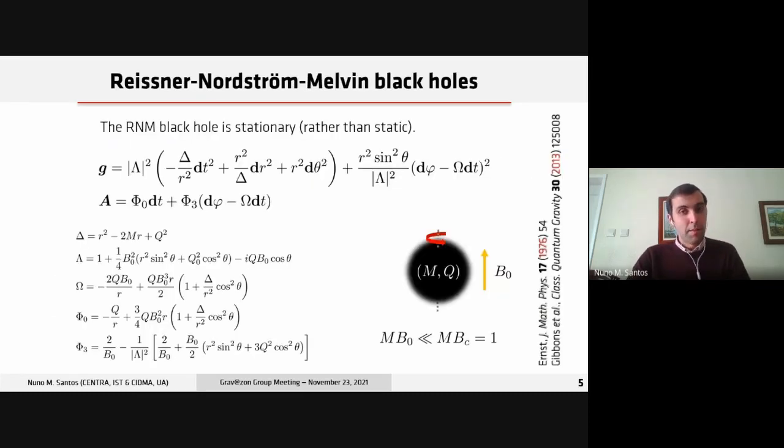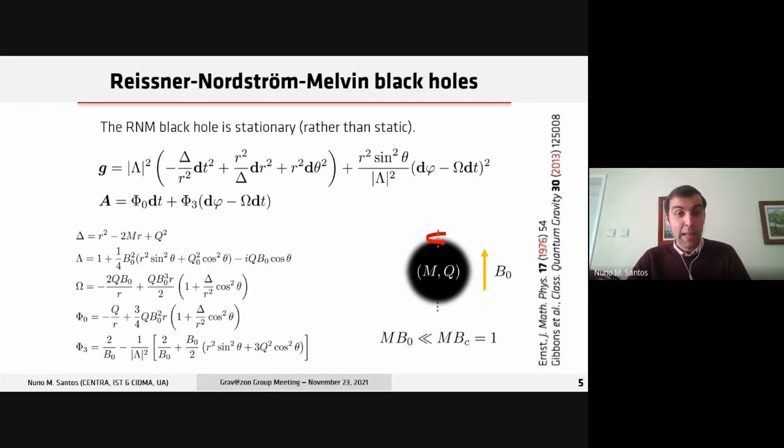Here's the metric g and the electromagnetic four-potential, or Maxwell field A, for these black holes. You can see that the metric functions, delta, capital lambda, capital omega, are rather complicated. Anyway, again, this is an exact solution.